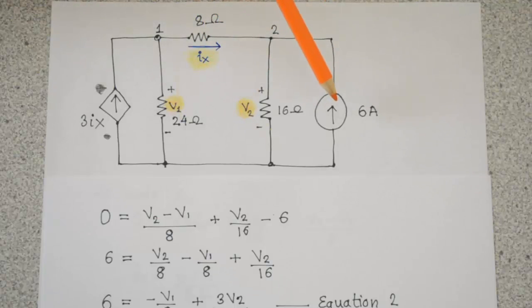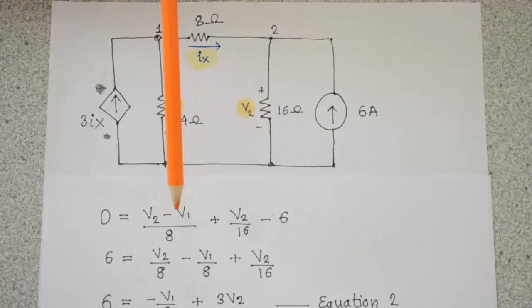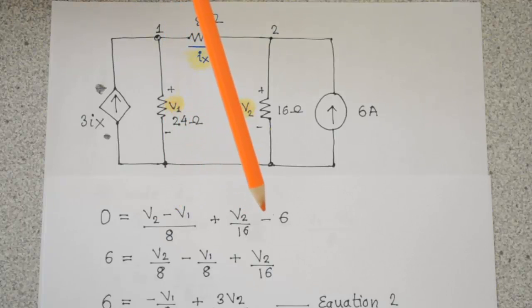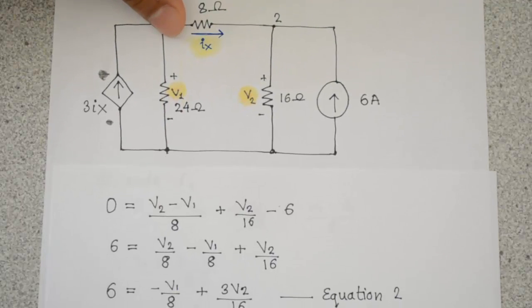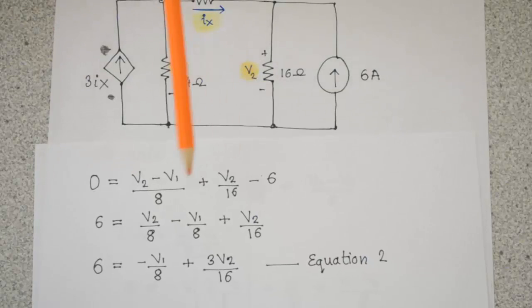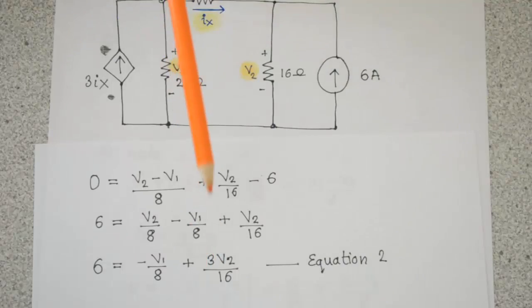Then we have minus 6 amps coming in. So 0 equals the current from the left, the current going to the ground, and the current coming in from the right. We go ahead and solve the algebra, and here we have our second equation: 6 equals v1 by 8 plus 3v2 by 16.